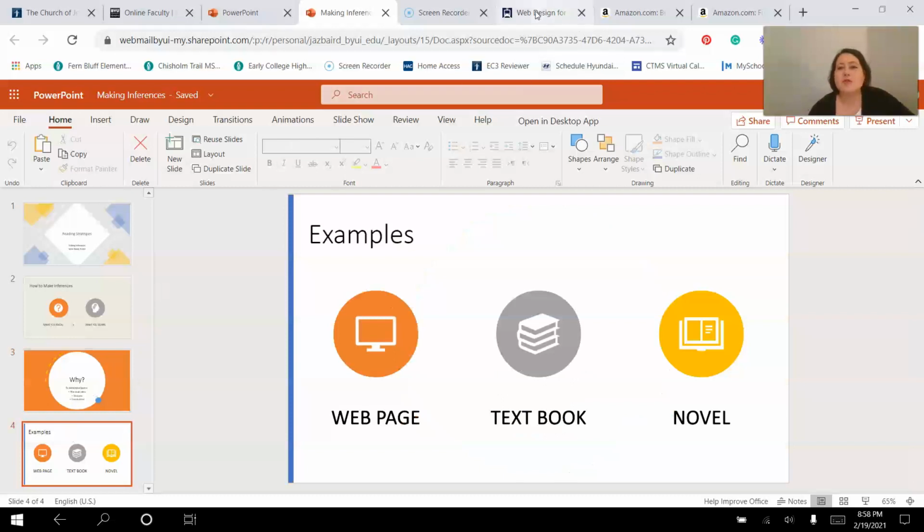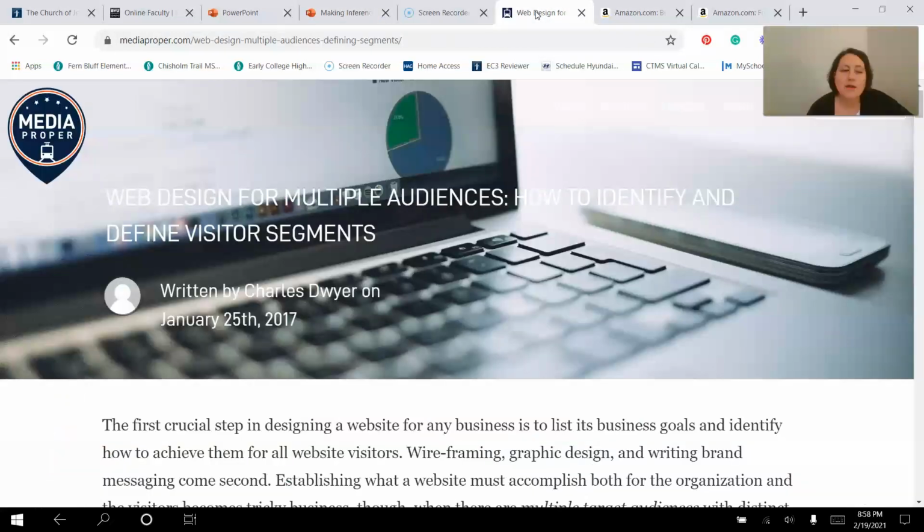So let's go to our web page. This is the same web page as the last time. Web design for multiple audiences, how to identify and define visitor segments. So first of all, I want to think about what I already know about this topic. What do I know about web design? What do I know about audiences and visitor segments?